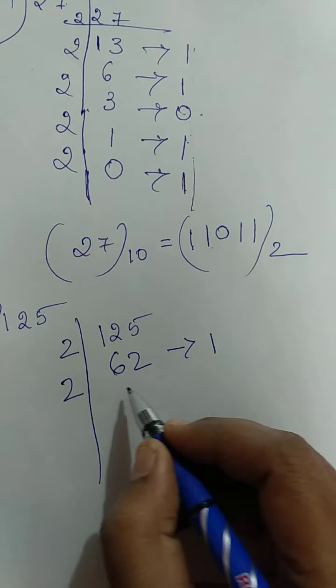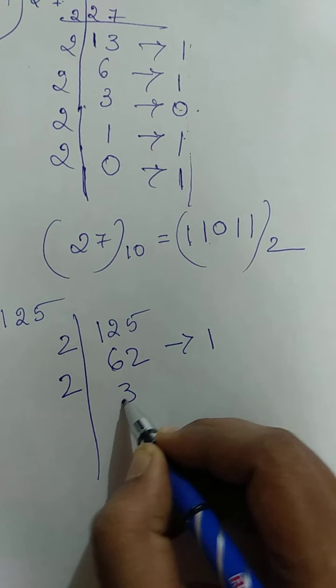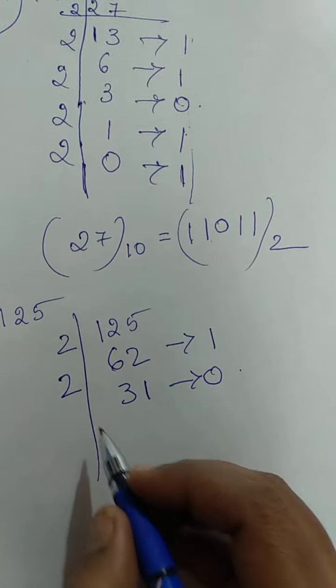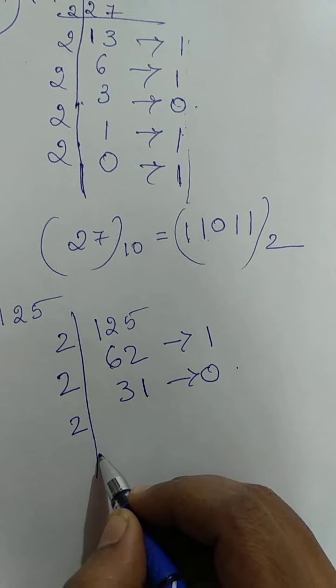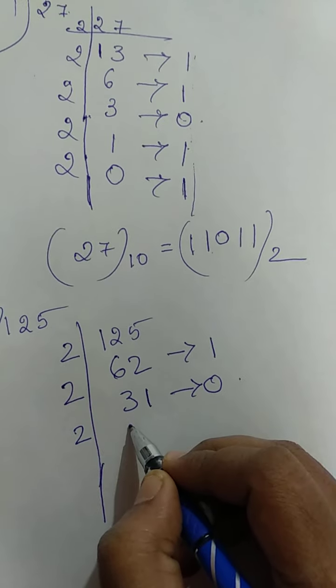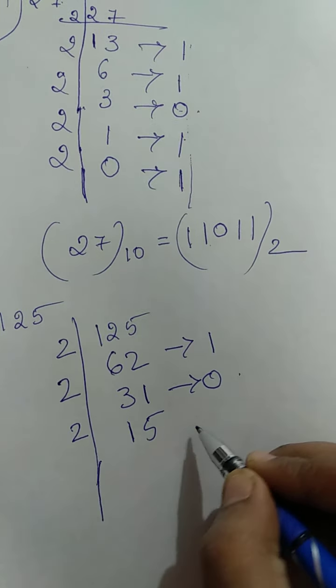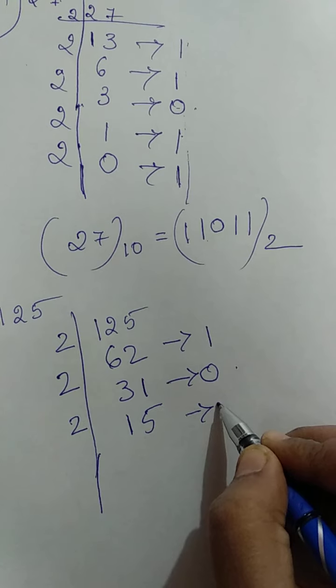Then 2 3s are 6, 2 1s are 2, the remainder will be 0. Then 2 1s are 2, then 2 5s are 10, then the remainder will be 1.